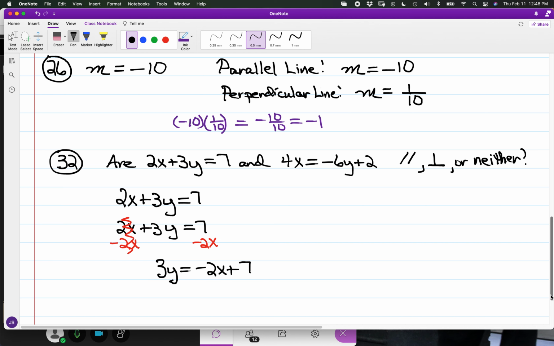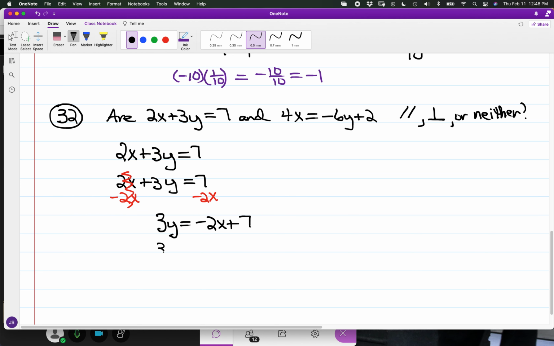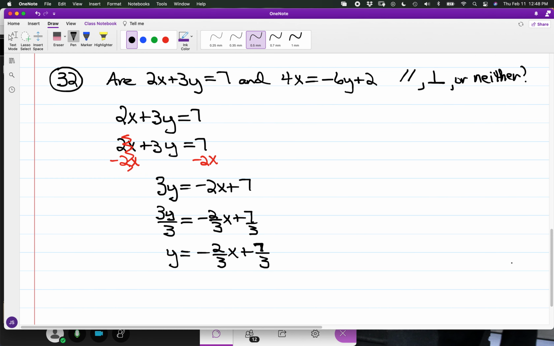And with division by 3, the slope-intercept form of the equation representing the first line is y is equal to negative 2/3 of x plus 7/3. So for this first line, the slope is equal to negative 2/3.